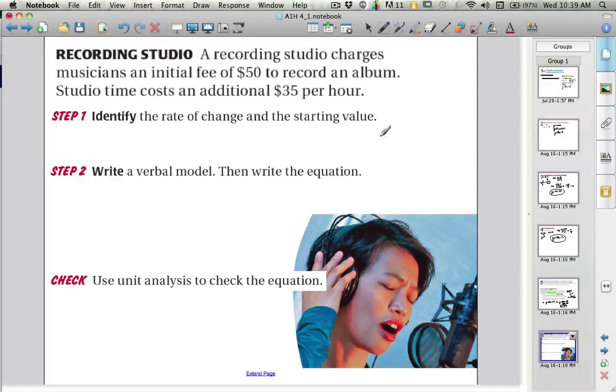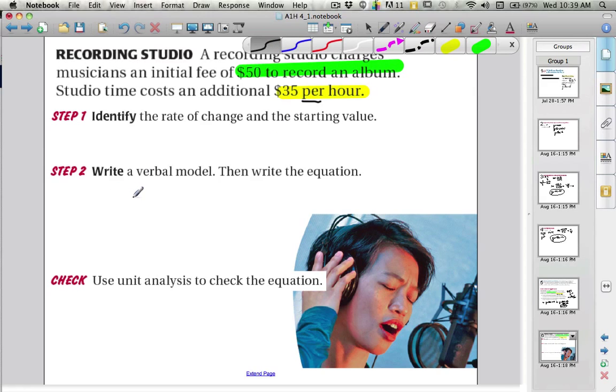Okay, and I'm sorry, but I went ahead and I worked through all that again. Again, identify the rate of change. You can always find rate of change by finding the item that says this per that. Okay, and then the starting value is what does it cost me if I have 0 of whatever other thing I'm measuring, in this case hours. $50 even if I don't do anything.